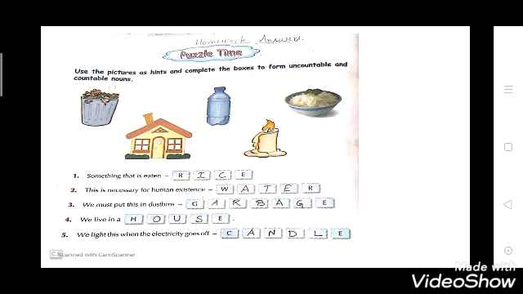You can see the picture, a bowl of rice is there. Second, this is necessary for human existence: water. We must put this in the dustbin: garbage. We live in a house. We light this when the electricity goes off: candle. So this puzzle was very easy. Hope you all have done it.